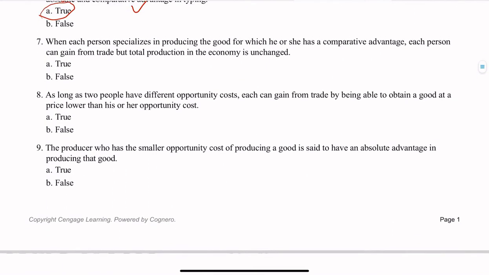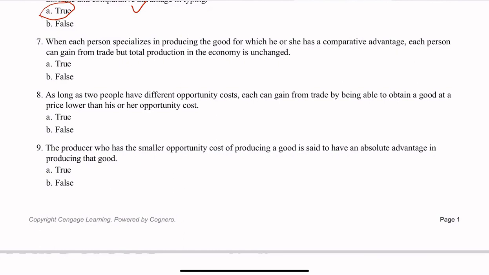When each person specializes in producing the good for which he or she has a comparative advantage, each person can gain from trade, but total production in the economy is unchanged. So this statement here is actually false.